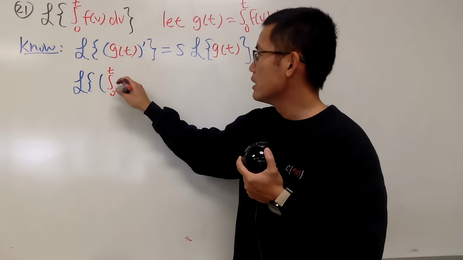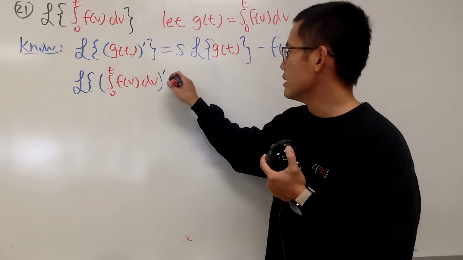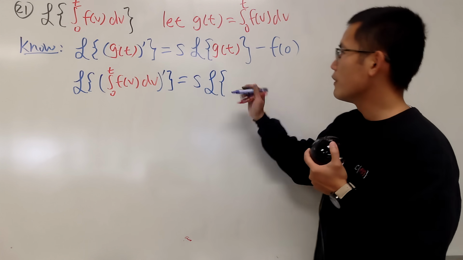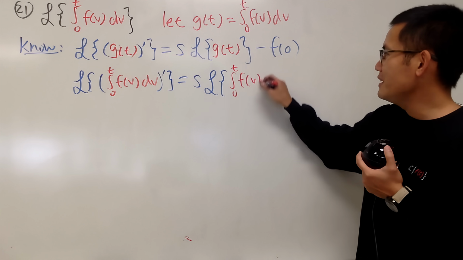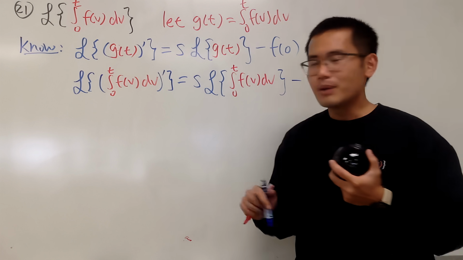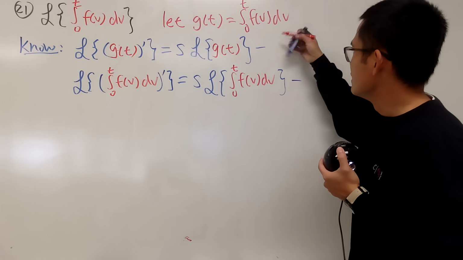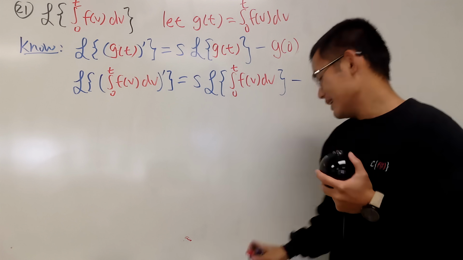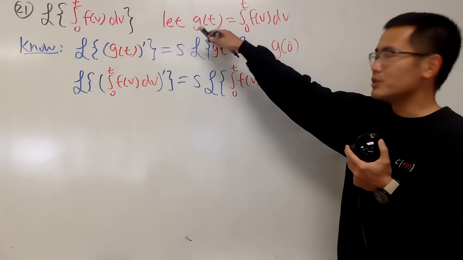Integral from 0 to t, f of phi d phi, prime that, and then close that, and then s, Laplace transform of the integral going from 0 to t, and then we have f of phi d phi, good, minus, and, oh sorry, this right here, I'm using g, so this right here should also be g, and it should be g of 0.